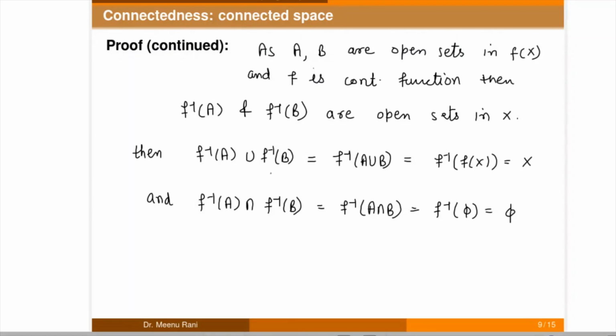So X can be written as a union of two open sets which are disjoint also, which implies that X is disconnected space.